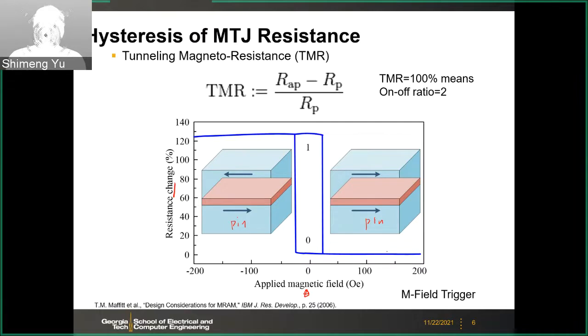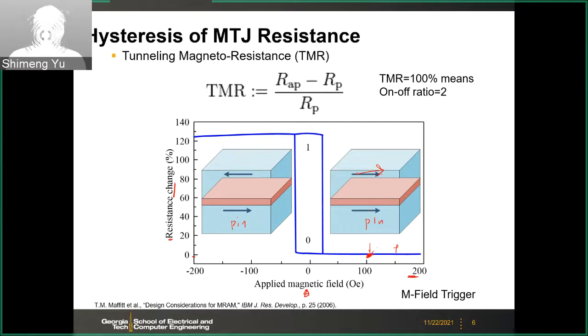So if you apply a magnetic field externally to the right, then you're going to flip the top layer to the right, and then you have a lower resistance here. This is the resistance ratio. If you make it like a reference, this is 0, the resistance difference or the change.